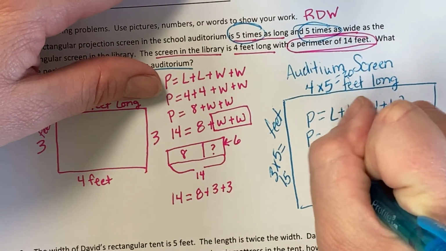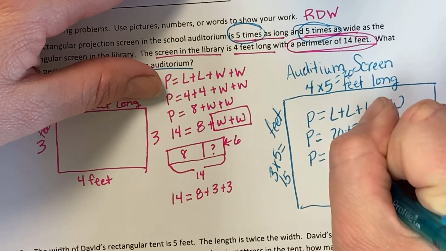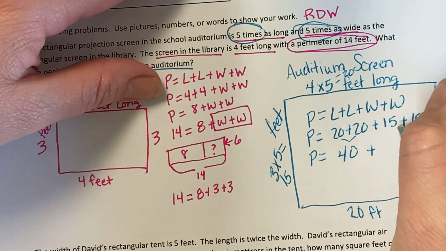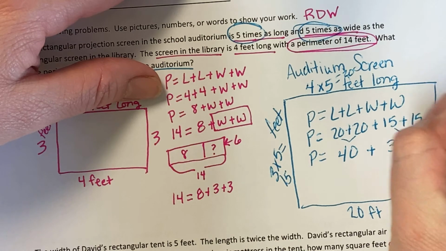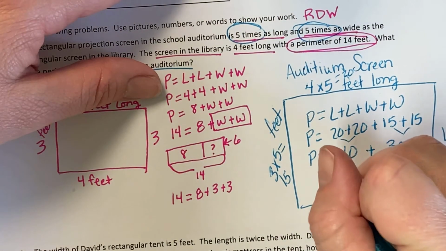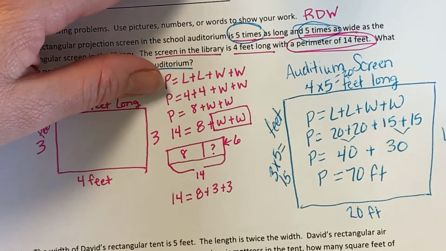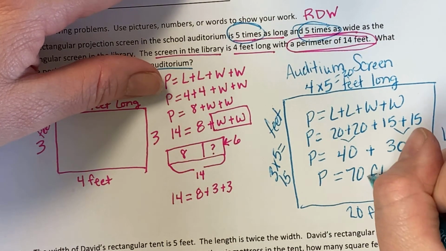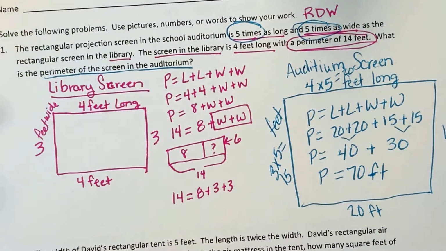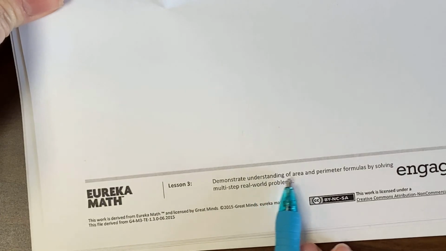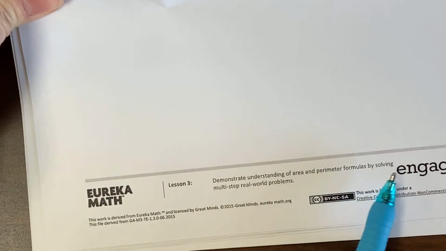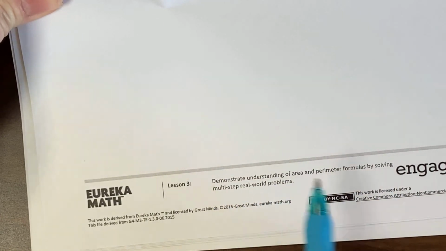Well, I know that 20 plus 20 is 40. And I know 15 plus 15 is 30. So I know my perimeter is going to be 70 feet long. 70 feet. And that's how I would answer question 1 on objective. I can demonstrate understanding of area and perimeter formula by solving multi-step real-world problems.